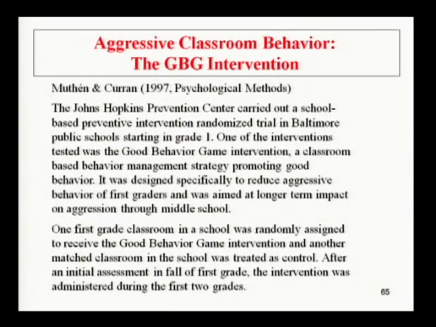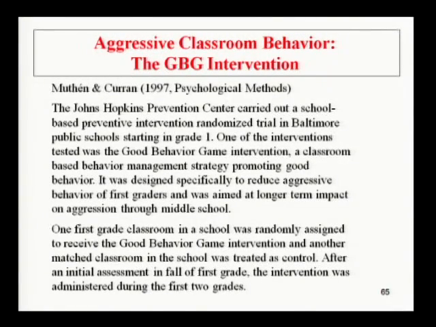So talking about a paper here, my former postdoc, Pat Curran, and I wrote the 1997 Psychological Methods paper. It happens here in Baltimore. That is, the data came from Baltimore, this prevention center, school-based preventive intervention, randomized trial. Many of you in the room are intimately familiar with this.